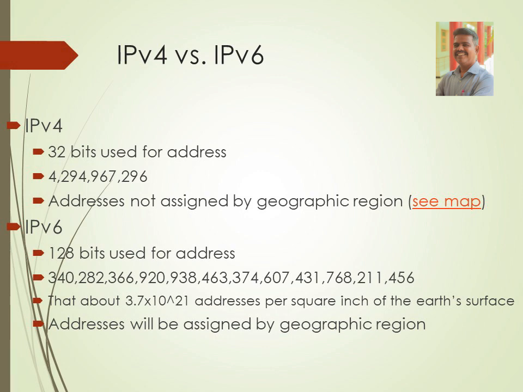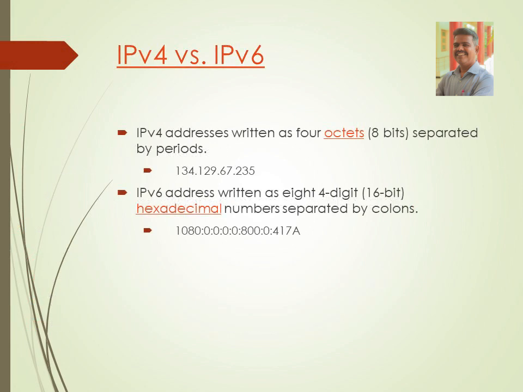In IP address version 4, addresses are usually represented in dot decimal notation consisting of 4 decimal numbers, each ranging from 0 to 255 separated by dots. In IP address version 6, addresses are represented as 8 groups of 4 hexadecimal digits, each group representing 16 bits.